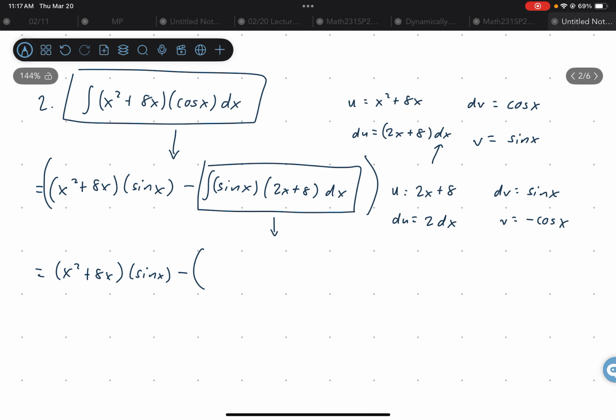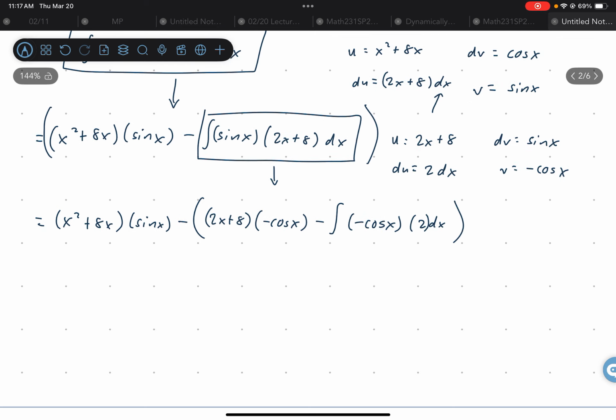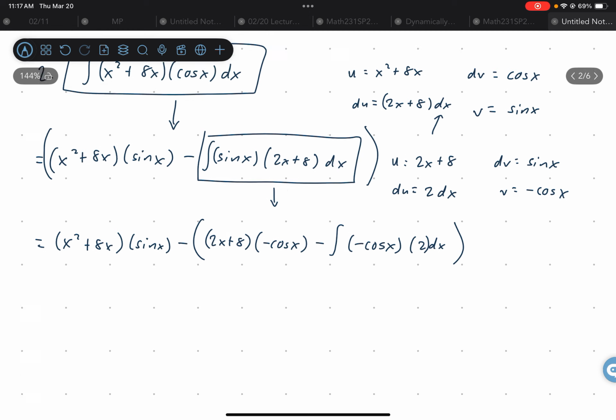And then uv, so that's 2x plus 8 times negative cosine x minus the integral of v du in parentheses. Cool. So hopefully that makes sense.